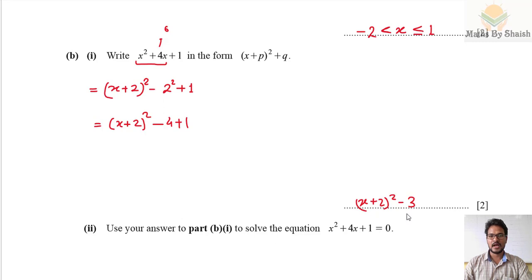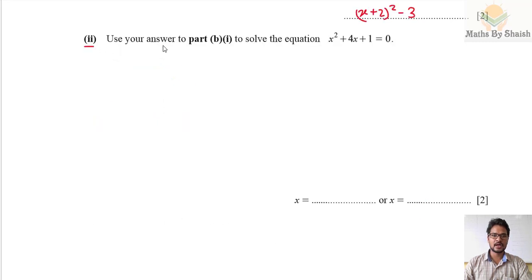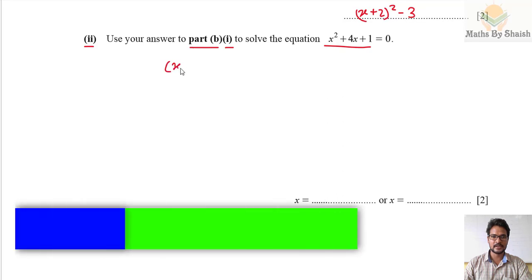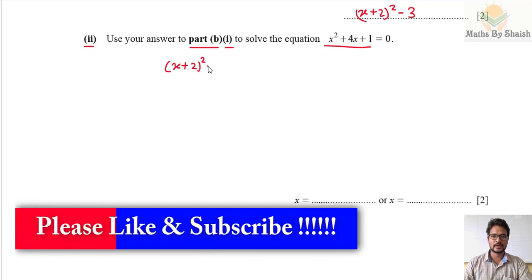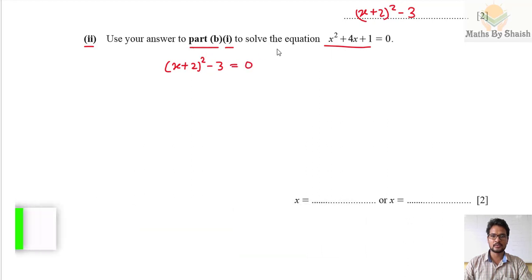That's the answer. The second part is: use your answer to part (b)(i) to solve this. From the first part we have seen that the left hand side can be written as (x + 2) squared minus 3, and this equals 0. Since we need to solve it, we transfer the 3 across and get (x + 2) squared equals 3. If we take the square root, we get x plus 2 equals plus or minus root 3.